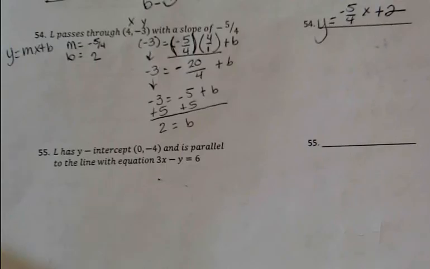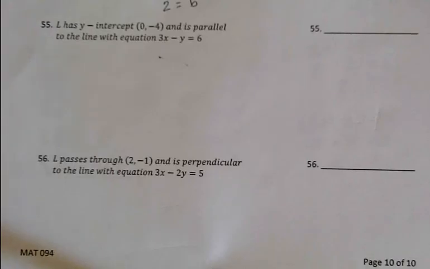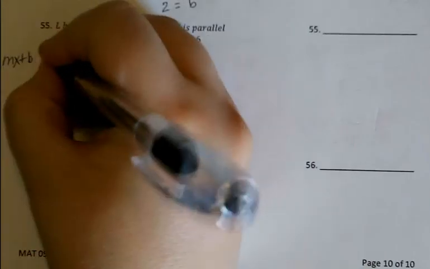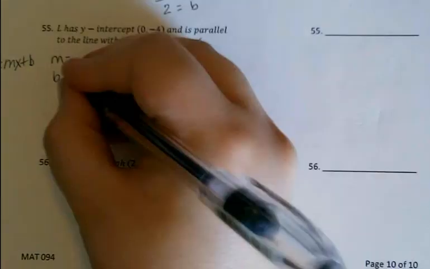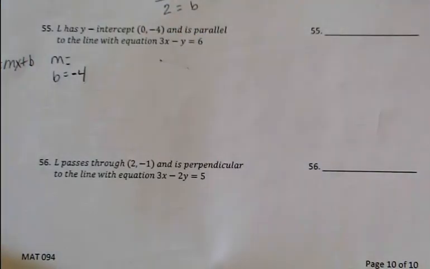Now moving on to problem number 55. L has a y-intercept of -4. So I've got y equals mx plus b, m equals, b equals. Well, it tells me my y-intercept is -4. Easy. That part's done. And then it says it is parallel to the line with this equation.